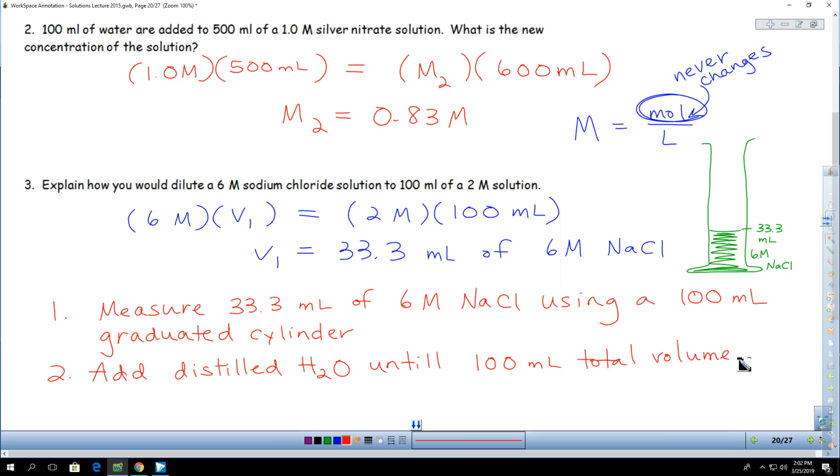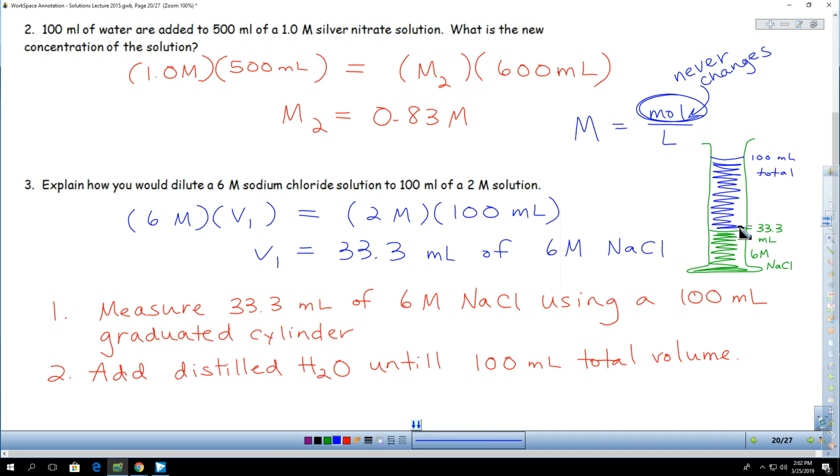I don't usually measure the water. I would measure the amount of the original solution, and then I just squirt water in until I hit, let's say this is 100 milliliters total. And so then I'd fill the rest of this with water. So that's going to be my water. And then I get my combined volume, 100 milliliters.